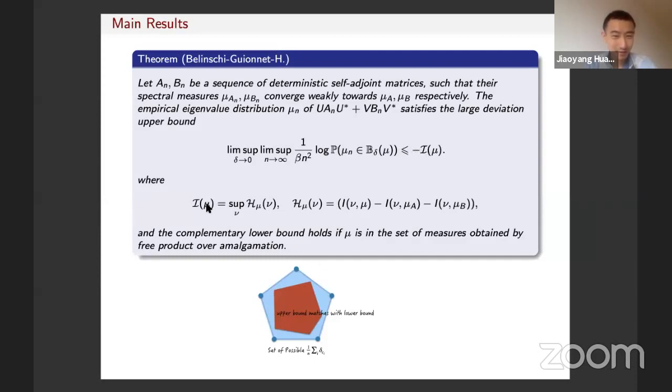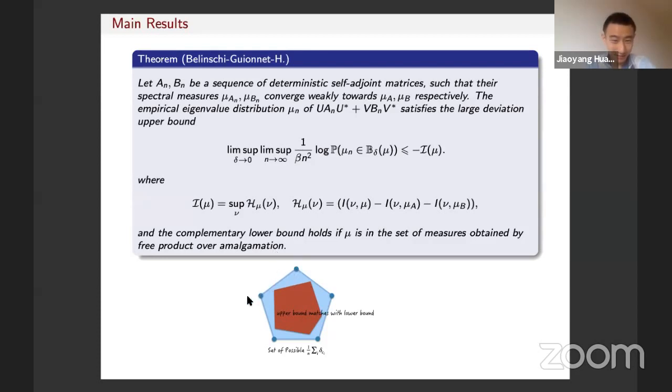Here, similar to the last result, I(mu) is given by the sup of H(mu, nu). And H(mu, nu), this time, is explicitly given by this combination of the spherical integral. And unfortunately for this one, we don't have the full large deviation. We only have the complementary lower bound if mu is in the set of measures obtained by free product with amalgamation, which I will explain later.